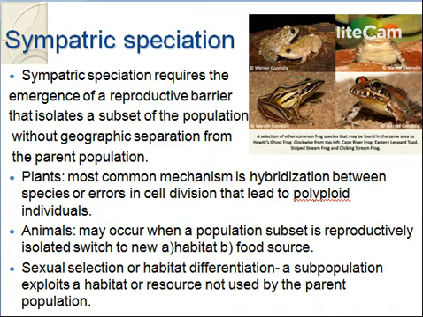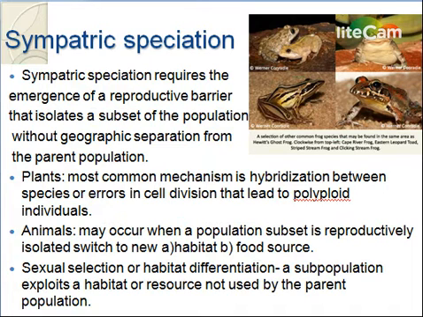And they have some other barrier, most likely a reproductive barrier, that is causing them to go through speciation. Sympatric speciation requires the emergence of that barrier that isolates a subset of the population.